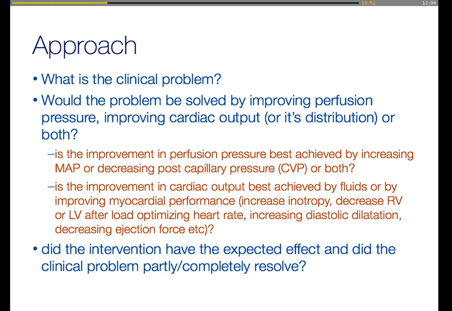Is it best to improve myocardial contractility, give an inotrope, put the patient on a ventilator, put the patient on ECMO or an LVAD, stuff like that? That's the question you should ask yourself if you have defined your problem. And then finally, and that's usually forgotten because we have these weird endpoints: what's the effect? Did my problem go away, or did it resolve partially or completely after I did my intervention?